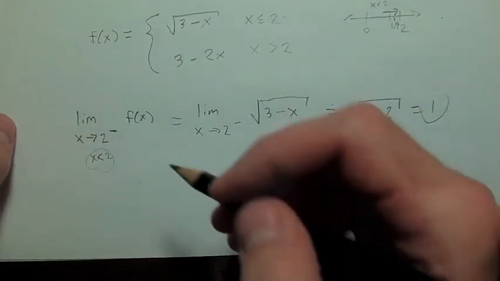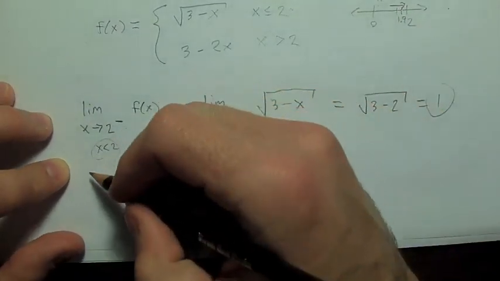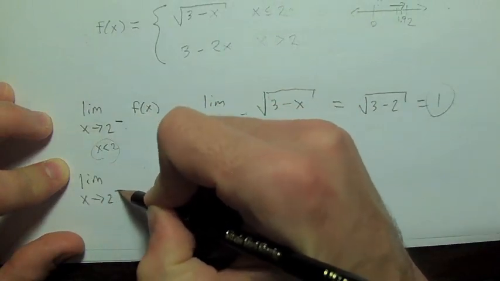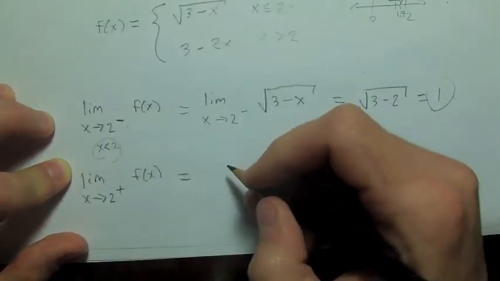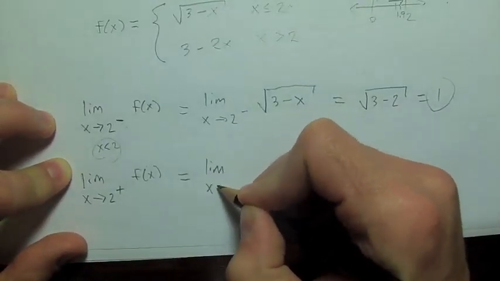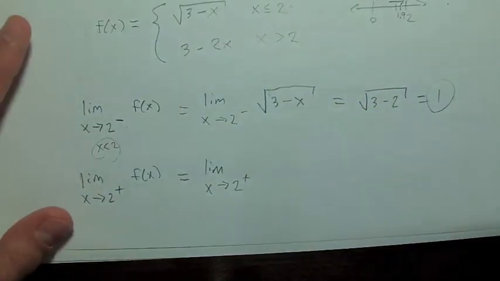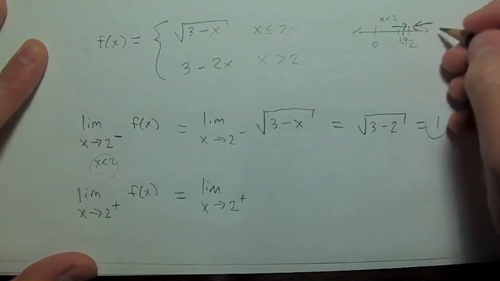That's fine. Okay. Next up, let's try the limit as x goes to 2 from the right of f of x. So once again, I want to know what side it is. So from the right, we go back to our number line. That's coming from the positive side.